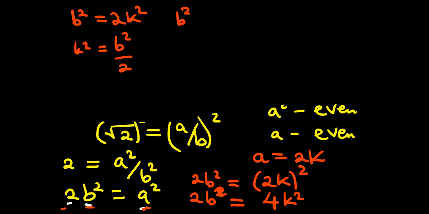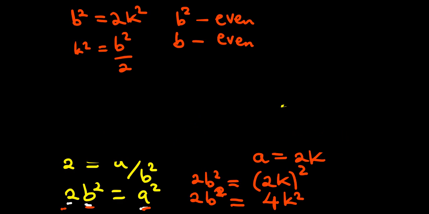And if it's divisible by 2, meaning b squared is even. And if b squared is even, meaning b as well is even. So now from here we'll see that we have a contradiction. So where does this contradiction come in?